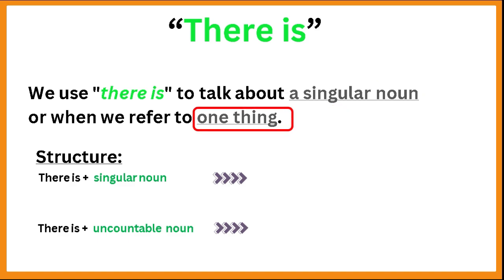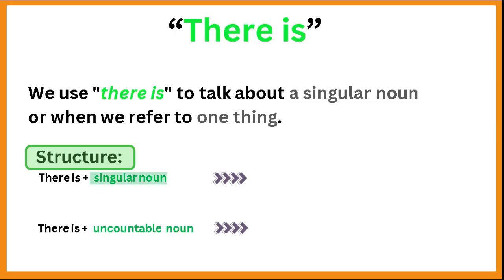So here is the structure. There is can be followed by a singular noun, or by an uncountable noun. Let's see first there is with a singular noun.